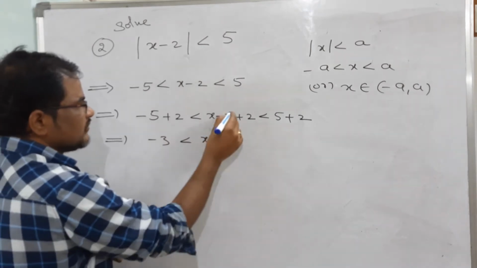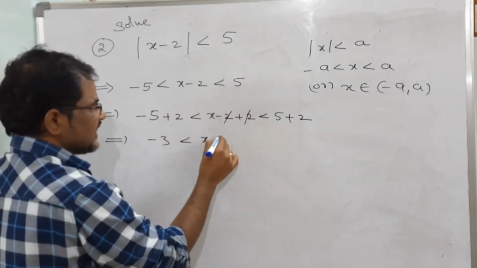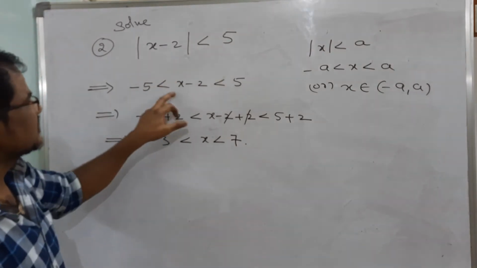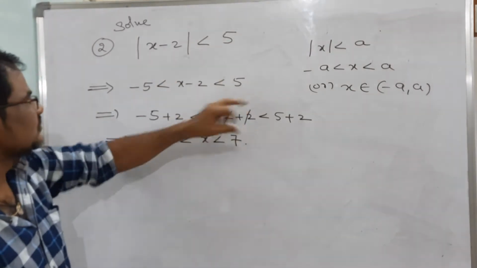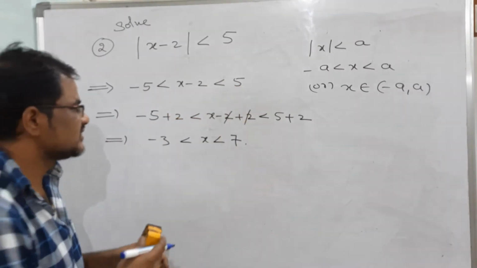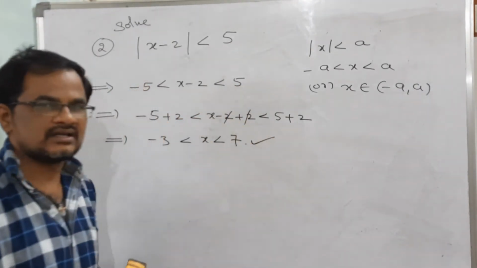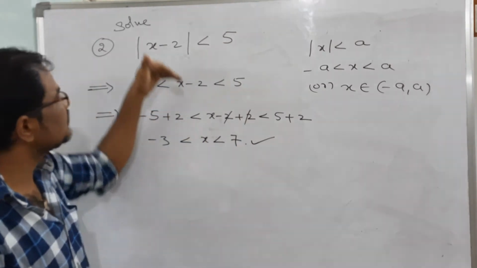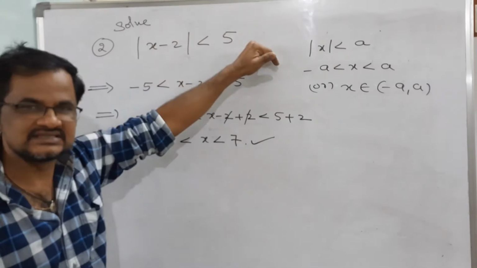less than, minus 2 plus 2 get cancelled, x less than 7. Minus 5 plus 2 is minus 3, 5 plus 2 is 7. This is our required answer. Any real number between minus 3 and 7 you substitute here should give less than 5.